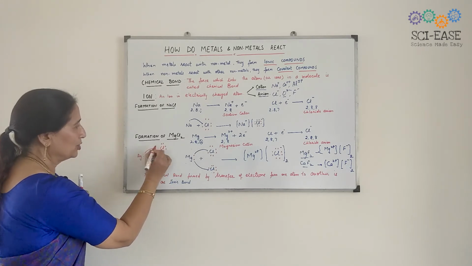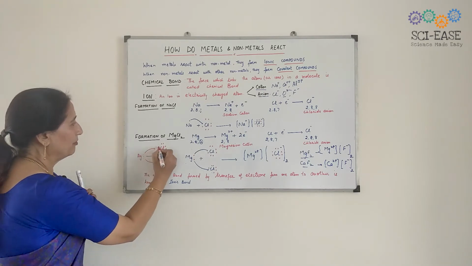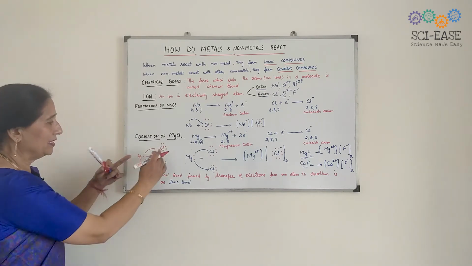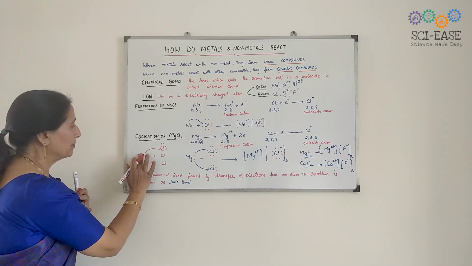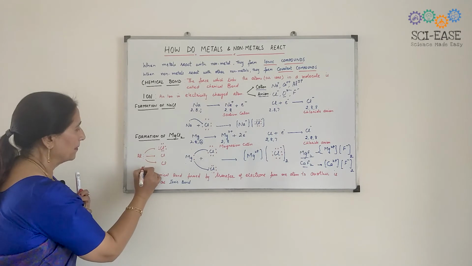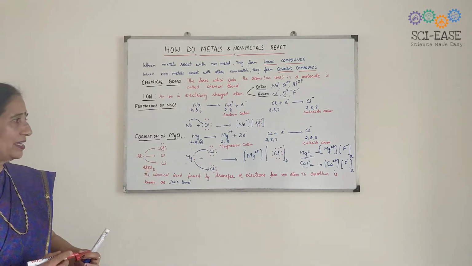You can show, I am showing only 1. It has 7, so the 1 will go here. In the same way this, and this will result in the formation of aluminium chloride, AlCl3.